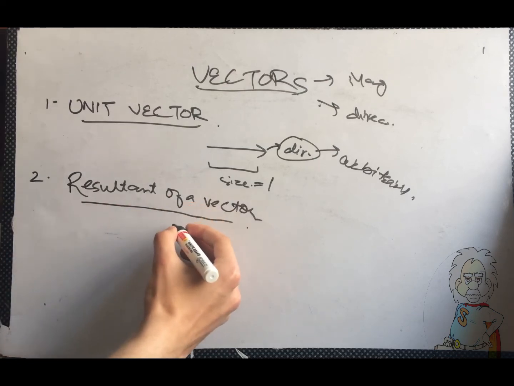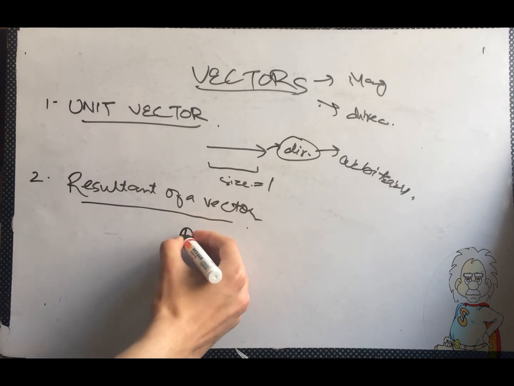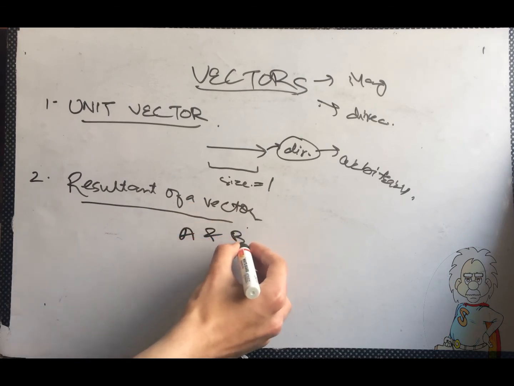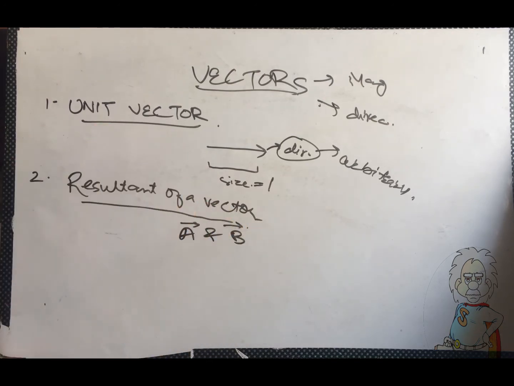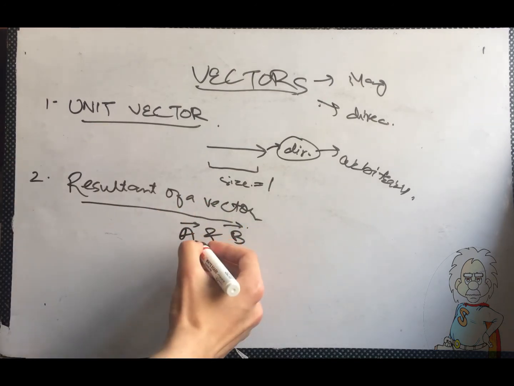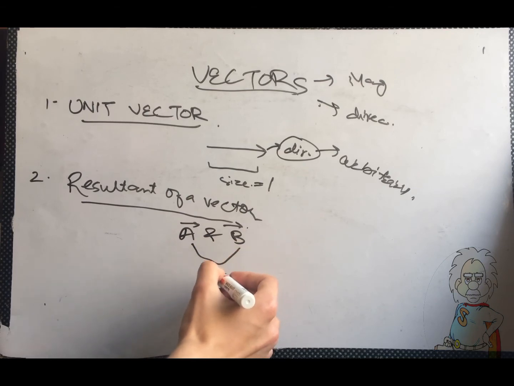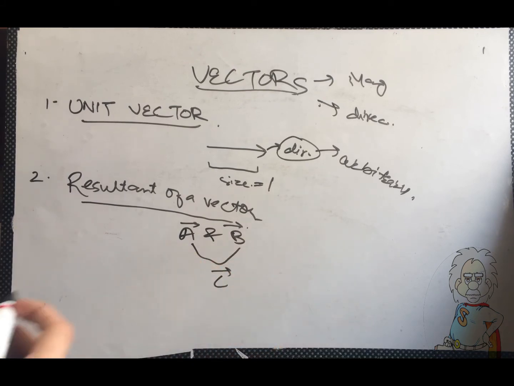If we have two vectors, suppose A and B, then whatever effect A and B produce together will be equivalent to some vector, suppose C. So that means C is the resultant of A and B. Now this was about the resultant vector.